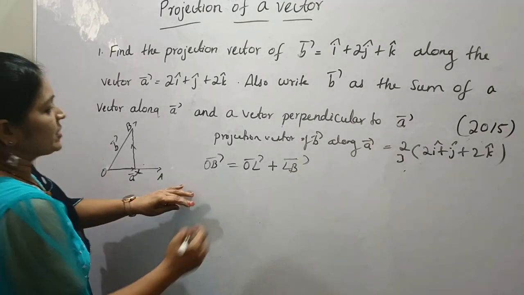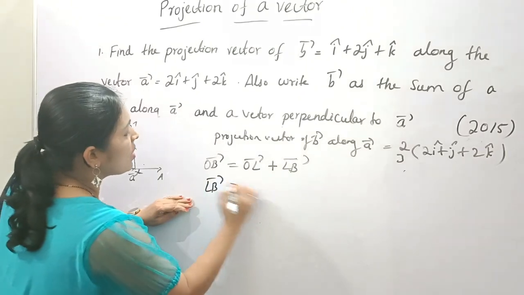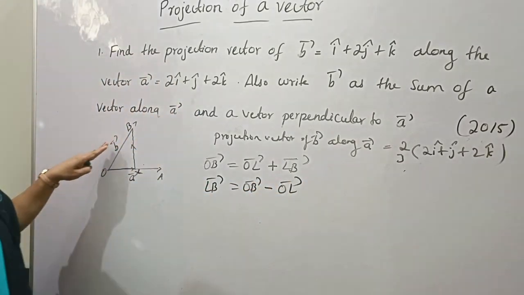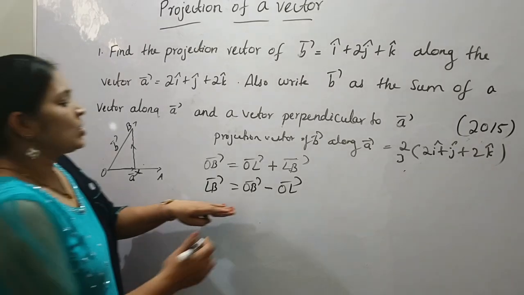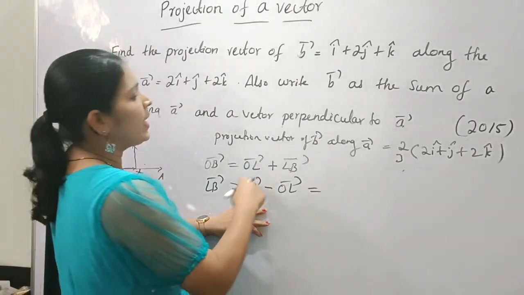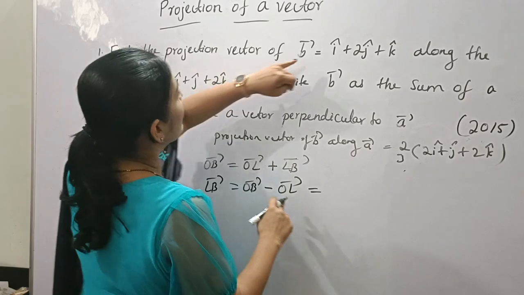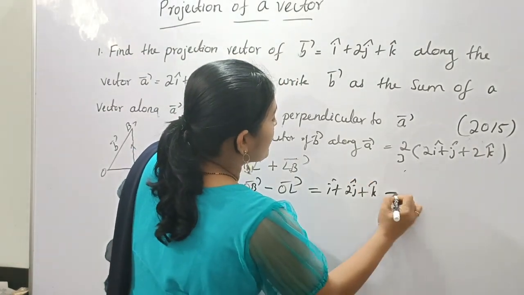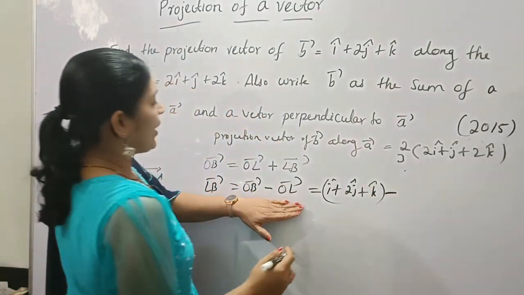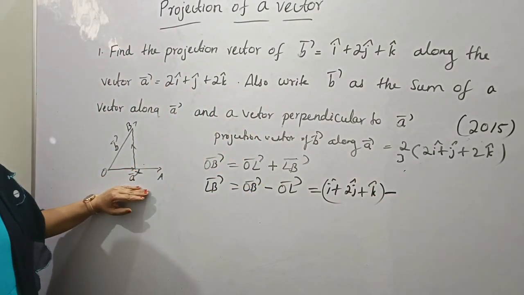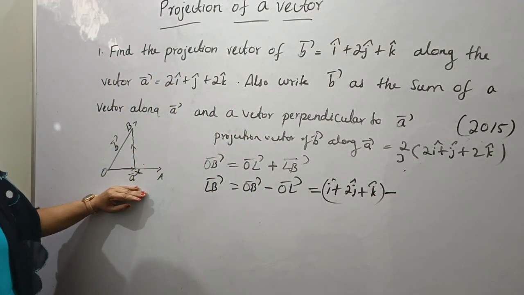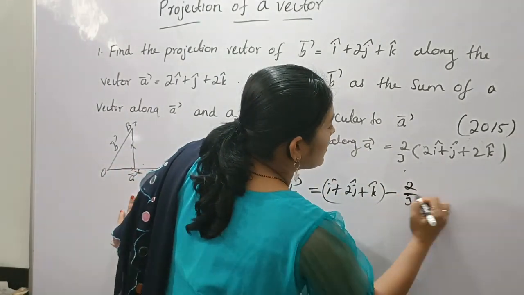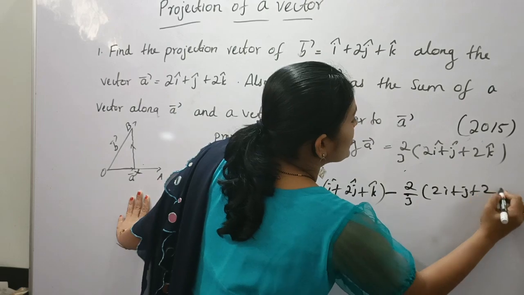Vector LB is equal to vector OB minus vector OL. What is vector OB? That is nothing but vector B, that is i plus 2j plus k, minus vector OL. What is vector OL? That is nothing but the projection vector of vector B on vector A, that is 2 by 3 into 2i plus j plus 2k.